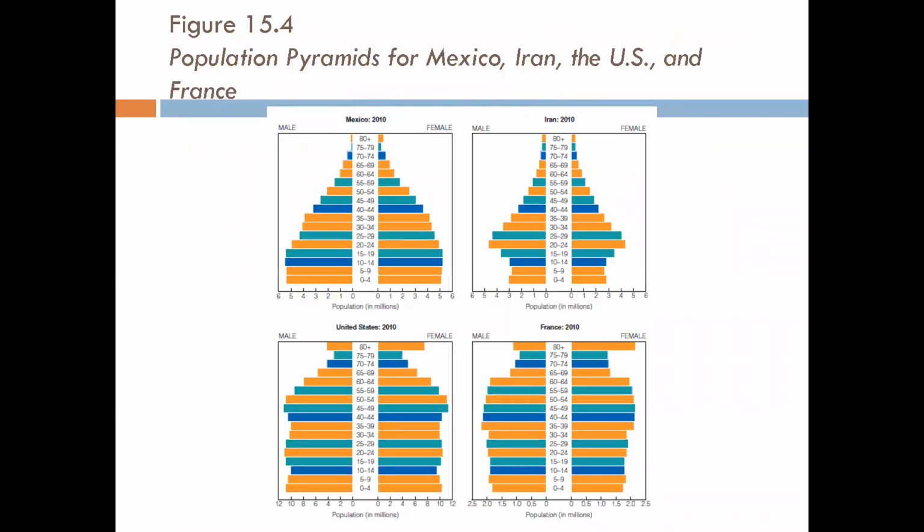You can see here, for example, Mexico, Iran, United States, and France. For example, my country, Iran, as you see, a lot of people are between 20 years old and 39 years old. My country is one of the youngest countries in the world. We have a very, very large amount of young people. Is it good for today? Yes. Is it bad for after 20 years?